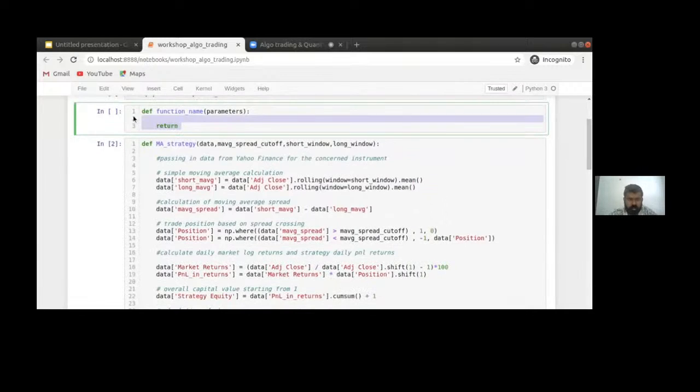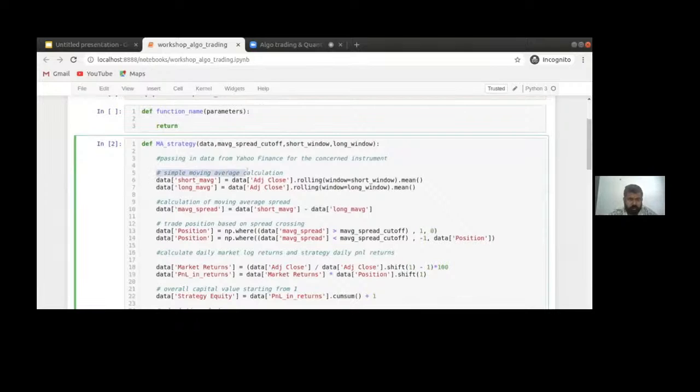Now I'll get started with what my function contains. The first parameter is data. Then there is a spread cutoff, as I mentioned in my presentation, the spread being the difference between the windows. Then there is a short window, and a long window, which is basically the number of days over which the price is calculated.